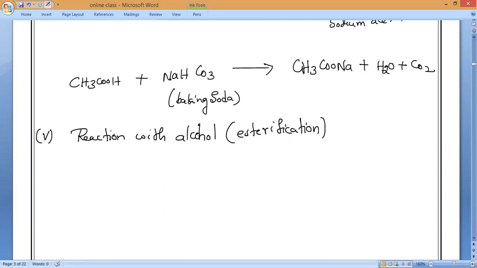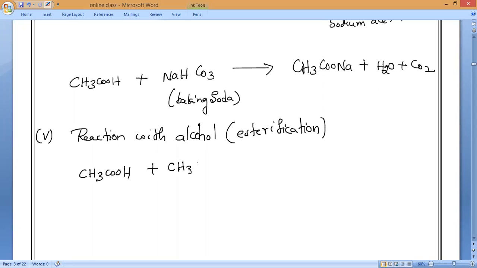Now tell me, what is the equation? Reacting with alcohols, we will get a sweet smelling compound named ester, and this reaction is called esterification. CH3COOH reacting with the alcohol. What is the alcohol we know?